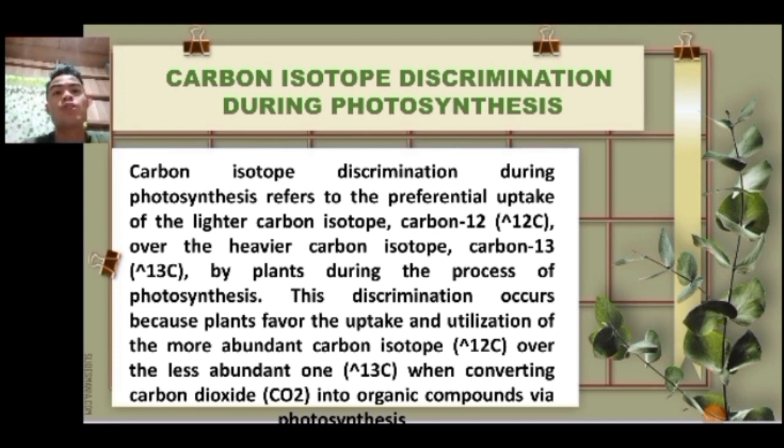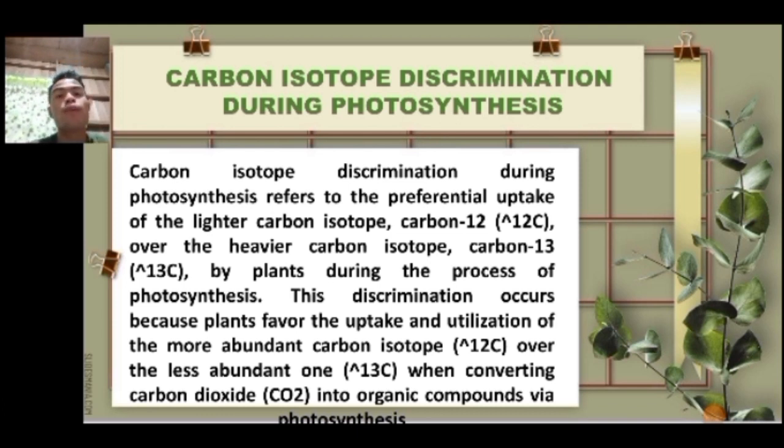Resulting isotope ratios: as a consequence, the interior of C3 plant leaves tends to be slightly depleted in carbon 13 compared to the atmospheric ratio of carbon 13 to carbon 12.